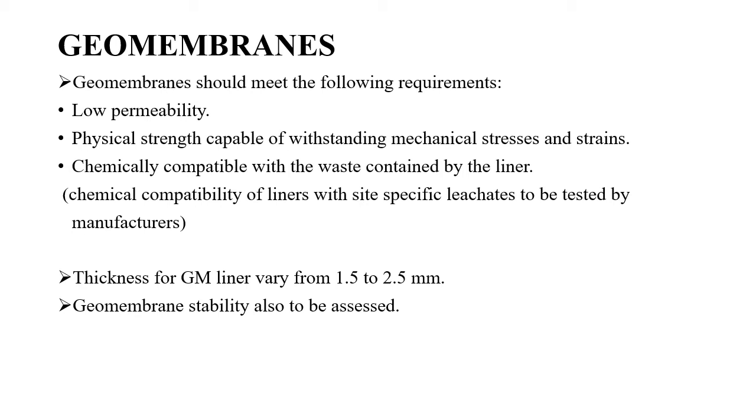Thereby it can increase the containment system design life, and obviously greater thickness means increased tensile strength, increased tear and puncture resistance. So if possible we should be selecting geomembranes with 2 mm thickness for achieving the required tensile strength, tear resistance and everything.